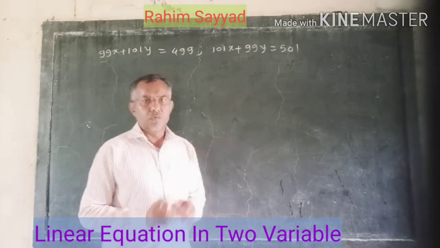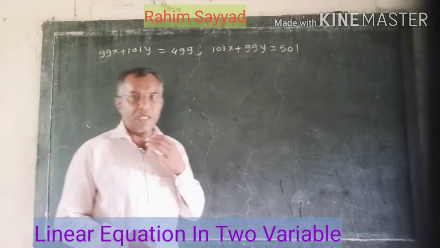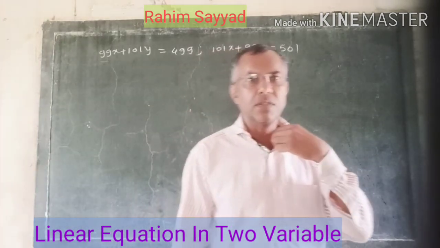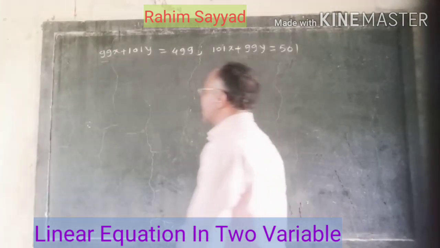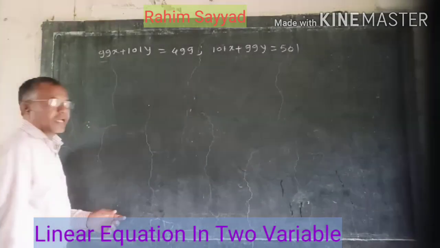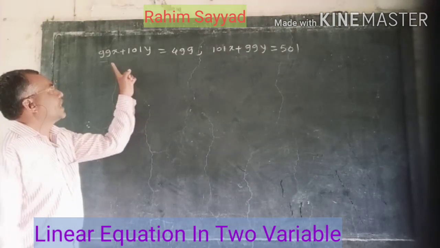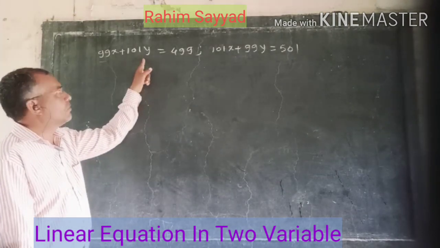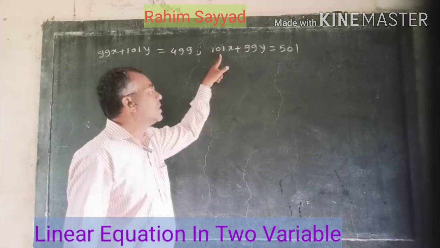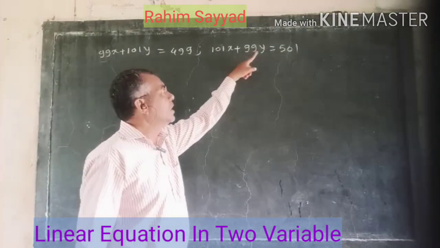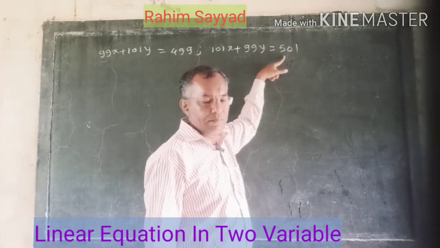We have to solve the remaining part of exercise 1.1, and the next example of this exercise is 99x + 101y = 499 and 101x + 99y = 501.